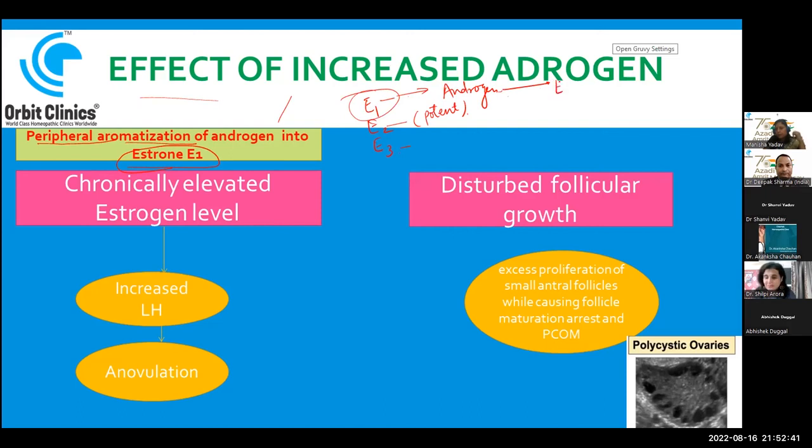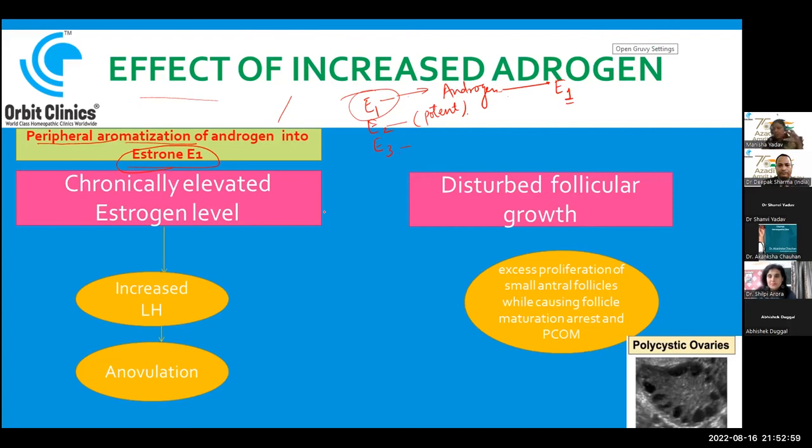So in the body, if you go for the test for estrone E1, and it is increased, it means more and more androgen is getting aromatized into estrone.